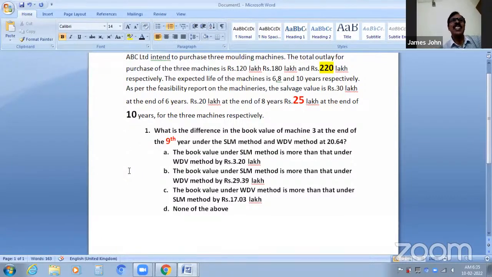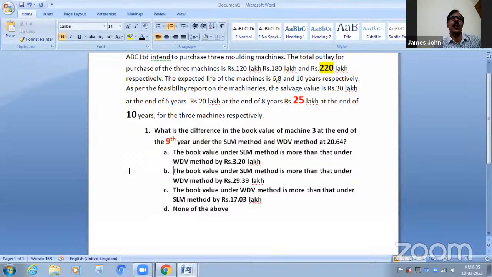See, I'm not able to explain on the board because of the technological failure. It's an operational risk. You have studied, no? What is the question? What is the difference in the book value of the machinery at the end of 9th year under straight line method and written down value method?